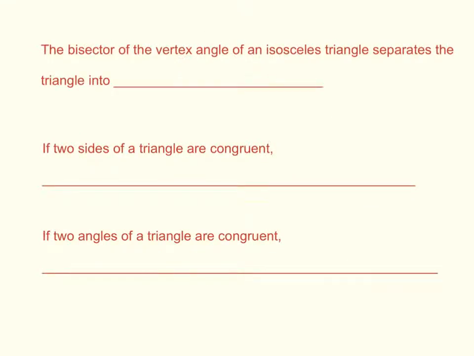Okay, so the bisector of the vertex angle of an isosceles triangle is going to separate the triangle into 2 congruent triangles. All right, so let's see about that.